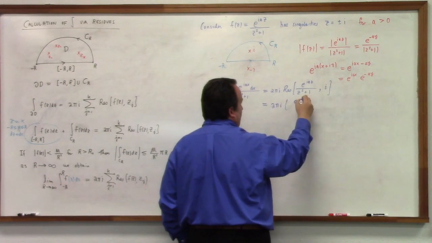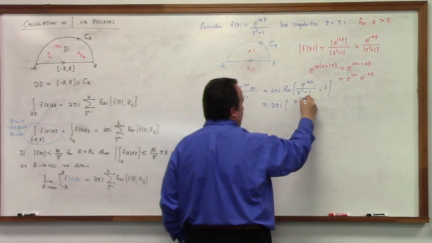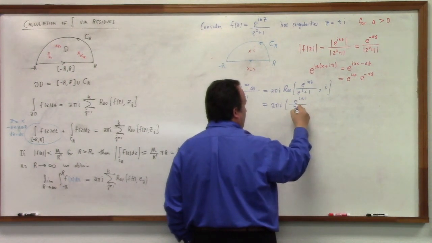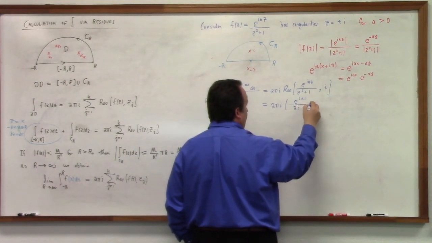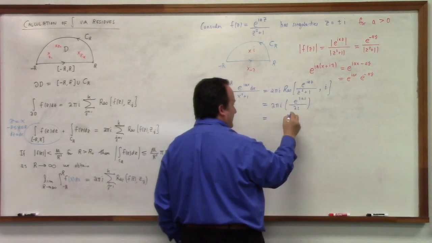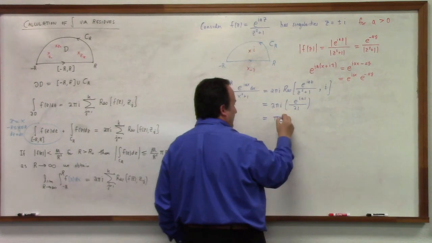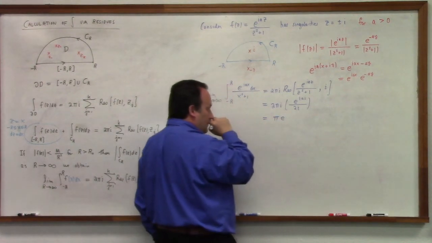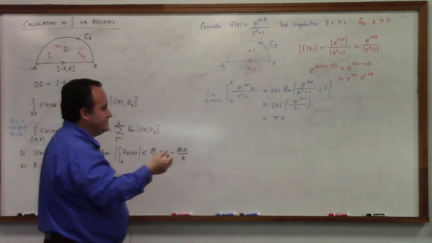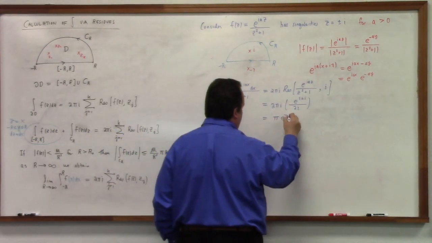So we evaluate at i: e to the iai over differentiate the bottom, so 2z, which is just 2i here. So the 2's cancel, the i's cancel, and we've got pi e to the minus a, right?